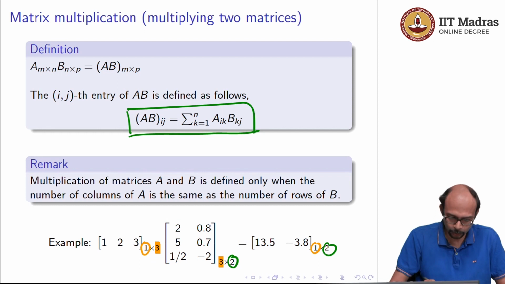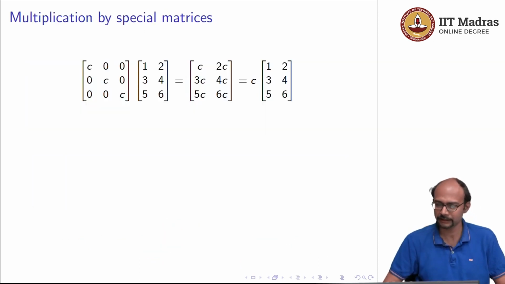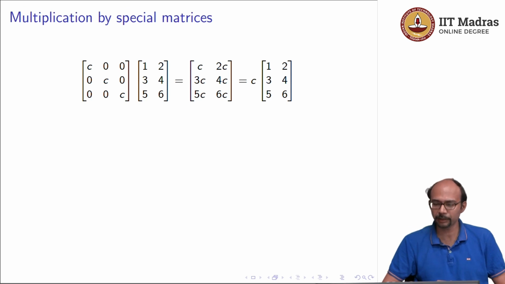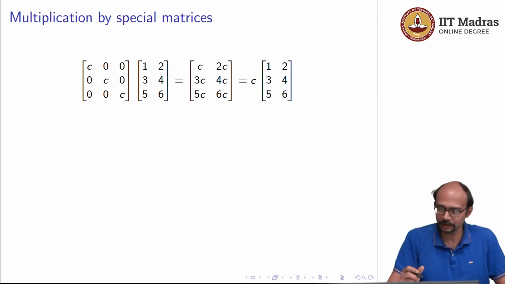So let's look at a few special cases of matrix multiplication. Remember that we had scalar matrices. Scalar matrices were diagonal matrices in which all the diagonal terms were equal. So they look like the matrix on the left, c 0 0, 0 c 0, 0 0 c. Let's do this multiplication.